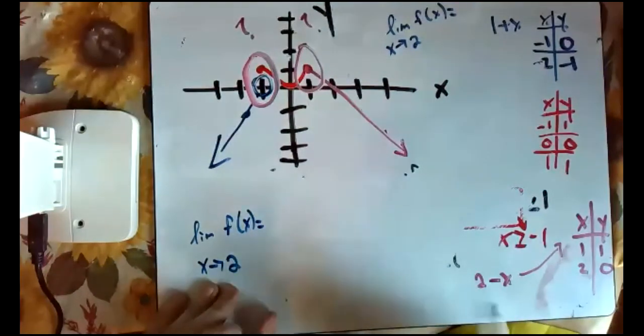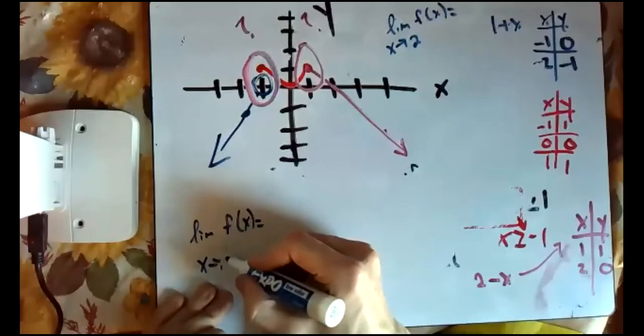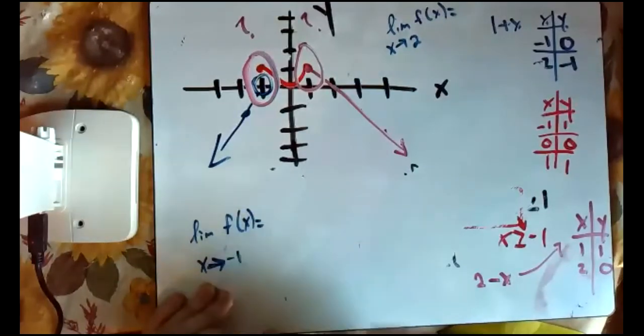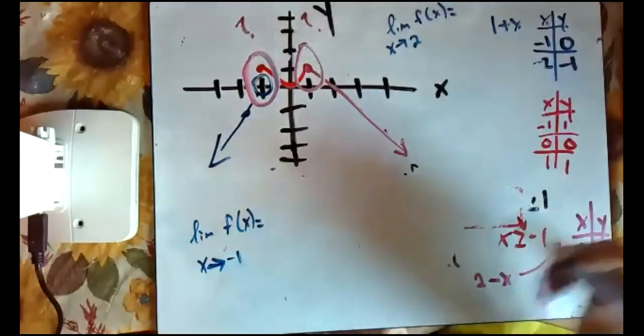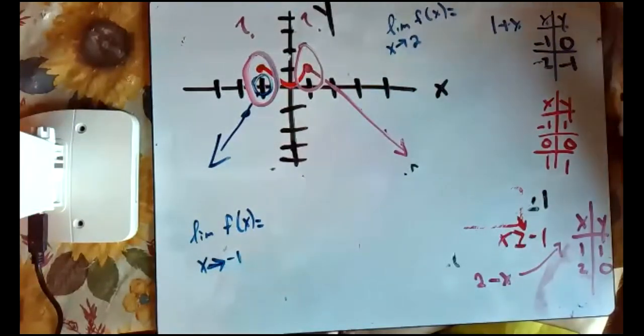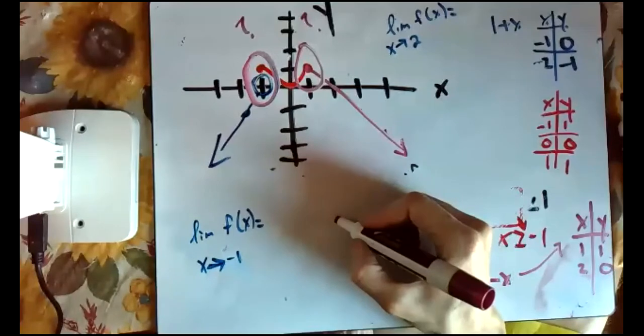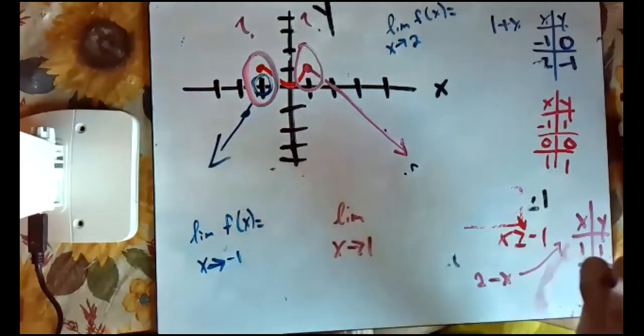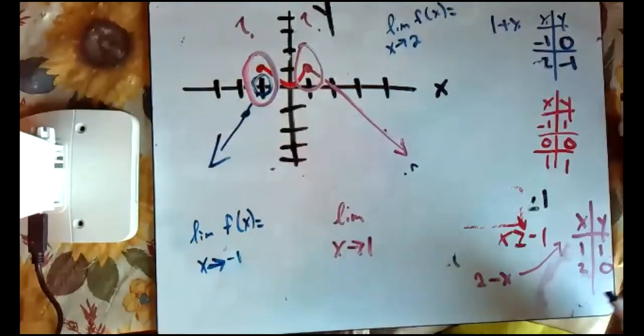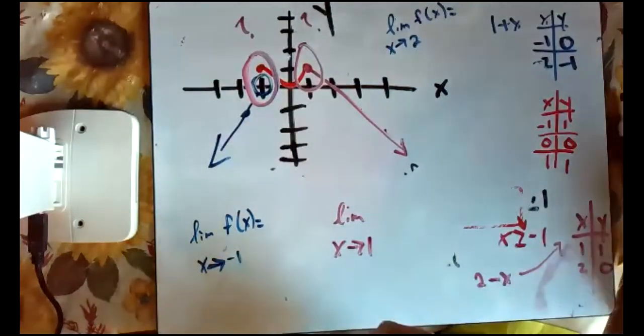That's a problem. I'm sorry, -1. What am I doing? -1. That's a problematic spot, where the limit may not exist. The other potential spot is the limit as x approaches 1, right? Because that's another spot where you have open circles.